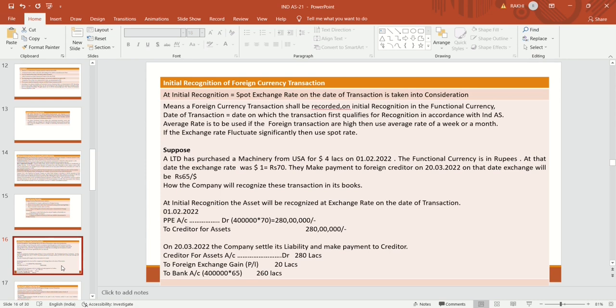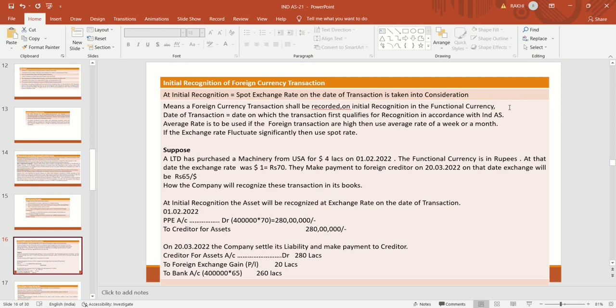This is to be explained by example. Suppose A Limited has purchased machinery from USA for $4 lakhs on 1st February 2022. The functional currency would be INR. At that date, the exchange rate is $1 equals rupees 70. At initial recognition, the asset will be recognized at the exchange rate on the date of transaction.